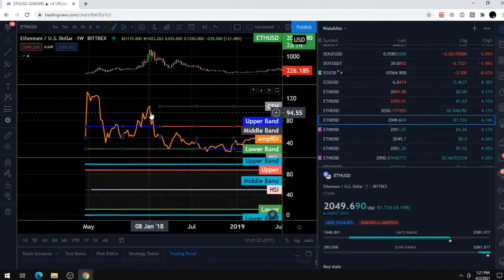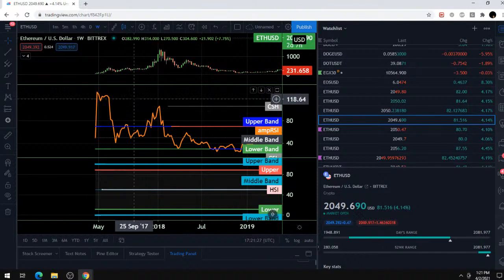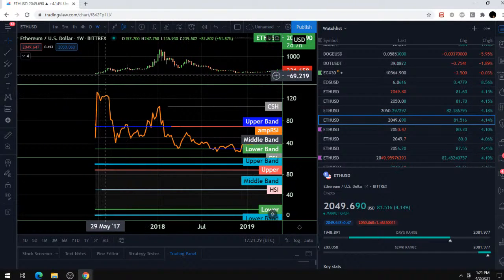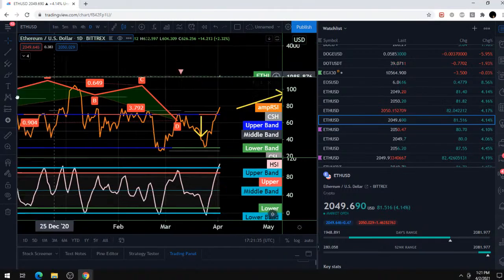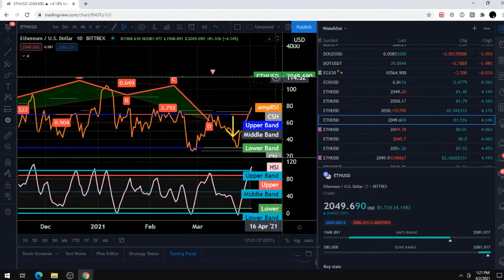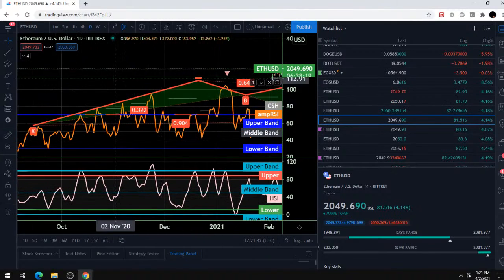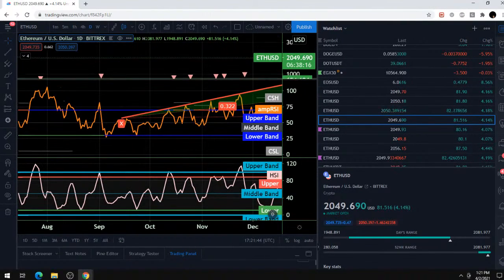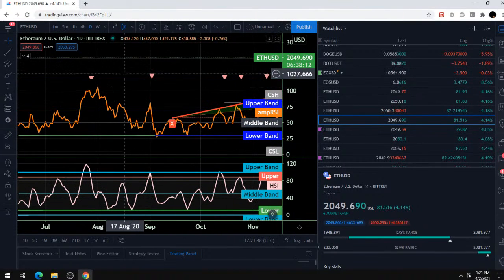Let me go back to that weekly, or no, it's on a daily, just to show this kind of return back into the zone as strong as it is. Yeah, it's kind of like what happened here back in August.